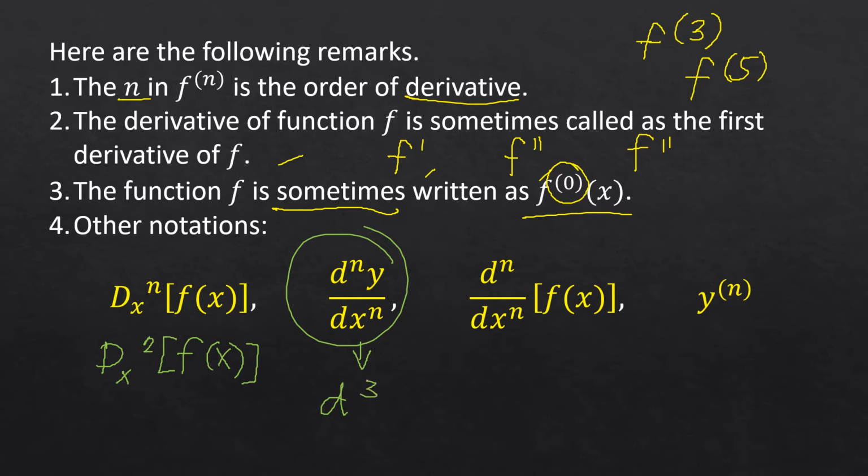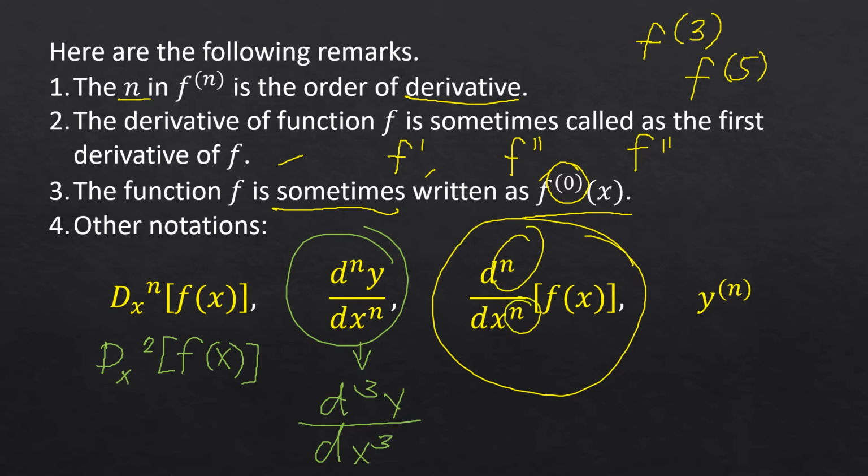So, ibig sabihin dito, if you have 3 here, then you have 3 also here. Take note that it's not all about the multiplication process. It's not the multiplication process here. Okay, it's not also an exponent. This is just a notation that you have to follow in symbolizing derivatives. Okay, now here naman ito.